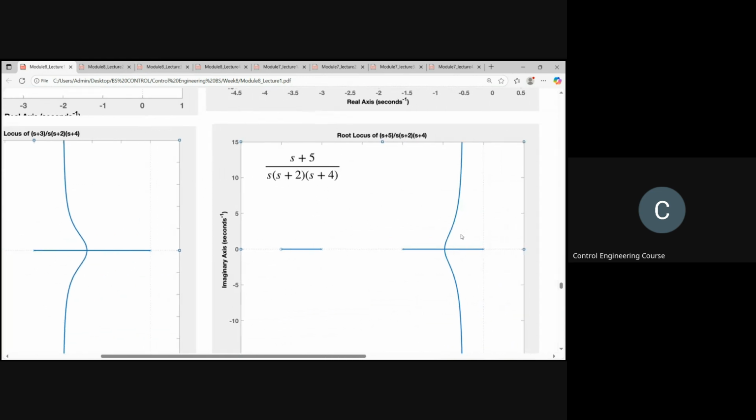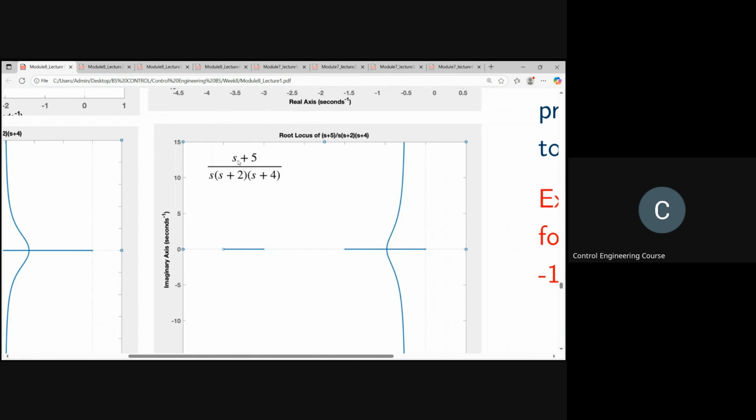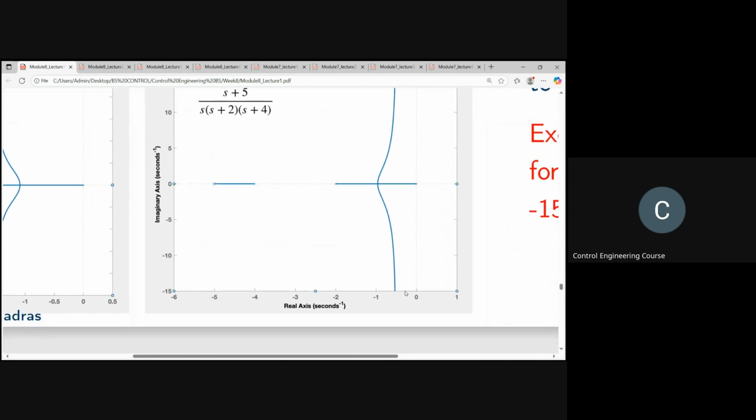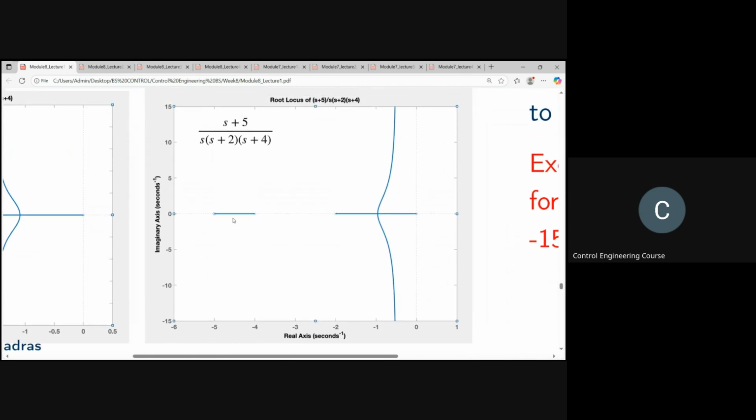Now I put a zero at -5. We get the same plot. Asymptotically it reaches -1.5. But where will the third closed loop pole be when k is very high? It is -4.